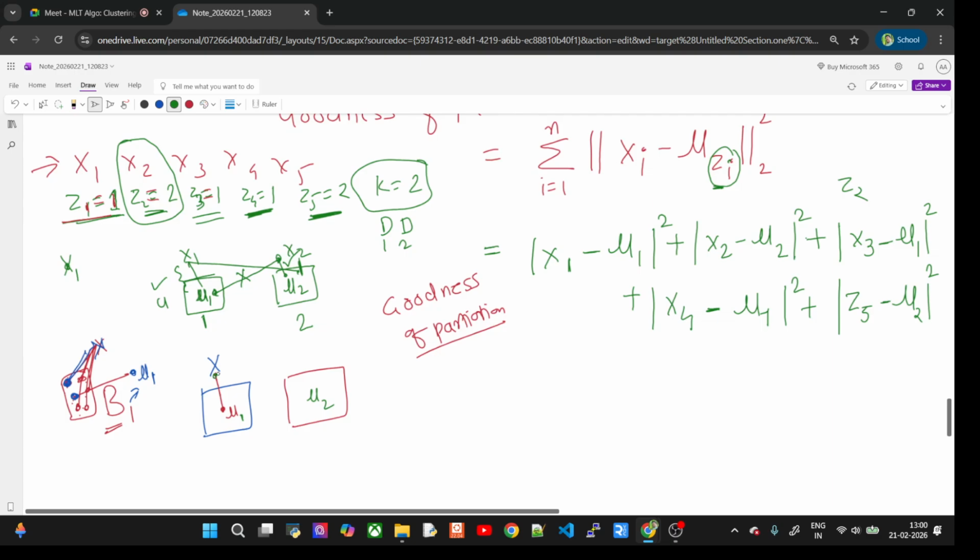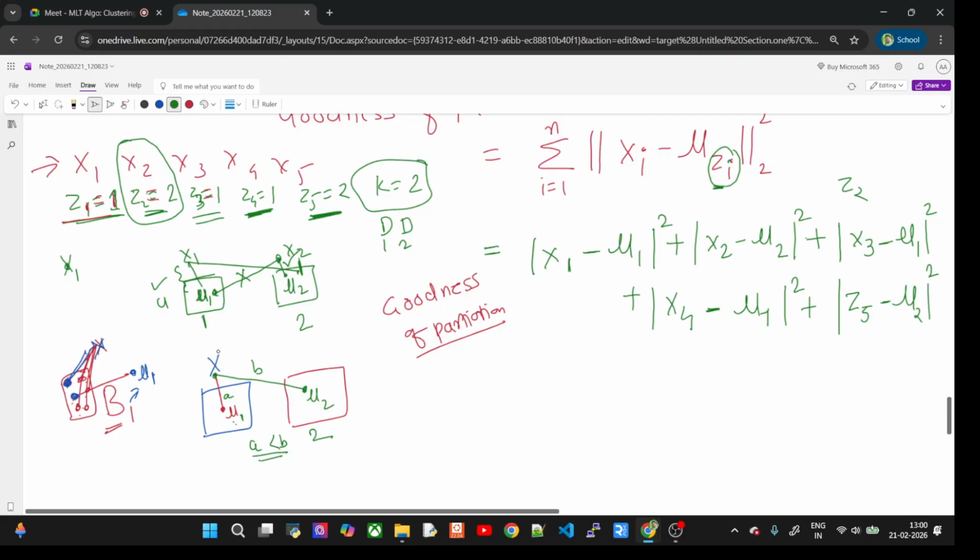You found that the distance between x and mu1 is, for example, small a, and between x and the mean of the other box 2 is b. So which is smaller? A is smaller, correct, and b is bigger than a.